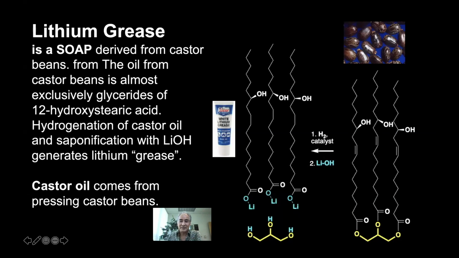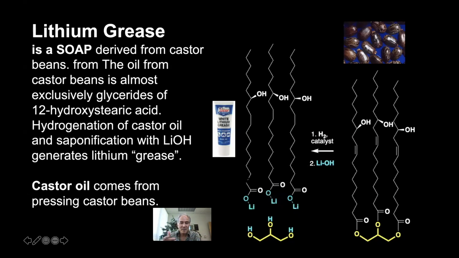And that's castor oil. And what they do is they take industrially castor oil and they hydrogenate the double bond with hydrogen and an industrial catalyst like you've learned, with palladium and carbon. And then they hydrolyze, they cleave these esters using base-promoted hydrolysis, but they don't use sodium hydroxide. They use lithium hydroxide. So what you get are soap molecules.